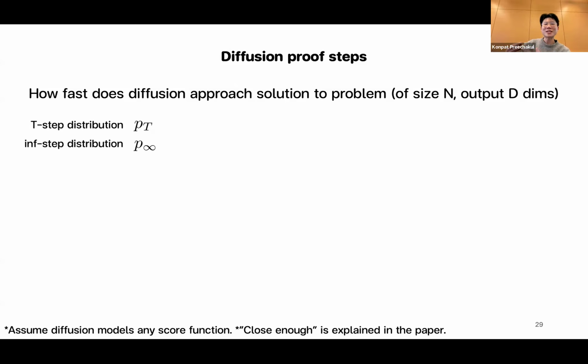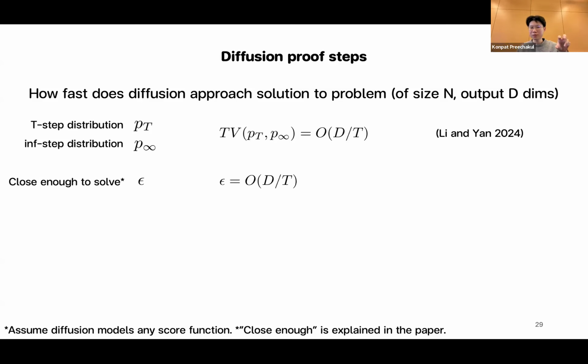And if we let it denoise for t steps, it will give you p_t. This is how you measure the error. The error between the t-step solution and the infinite-step solution is bounded by big O of d over t, where t is the number of denoising steps. This is a result from Li and Yan 2024, which tells you how fast the diffusion model converges to the solution.